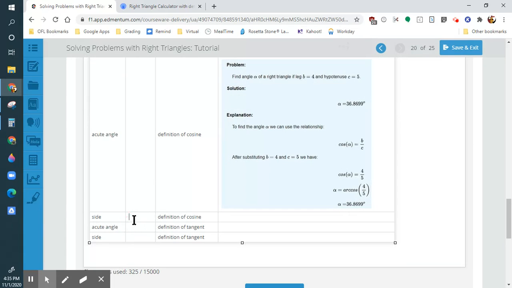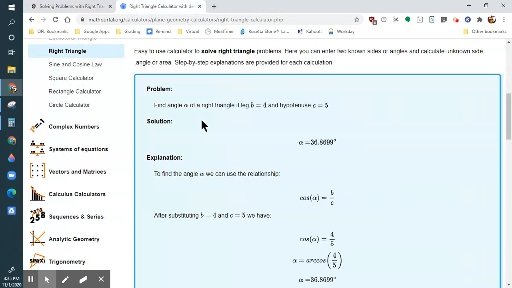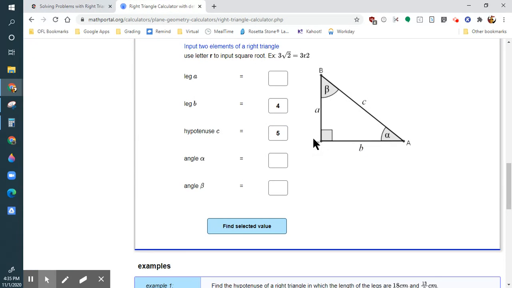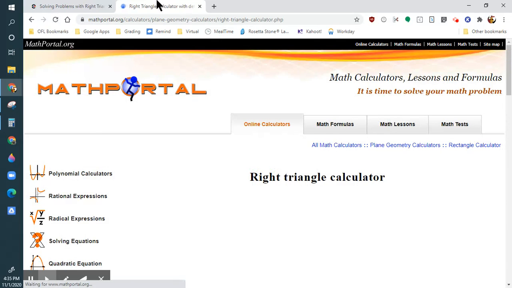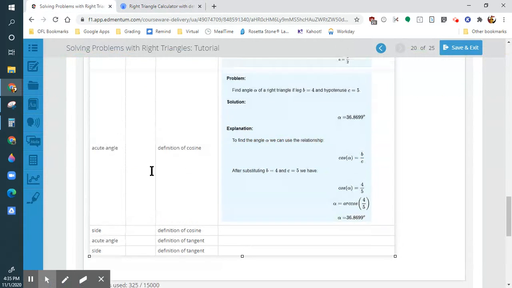All right, now I need to find the side using cosine. If I need to find the side using cosine, that means I need this angle and I want to find B. So I don't need B. I'm just going to put 30 here for alpha. Find the value. Oh, you know what? I forgot to put my givens here.